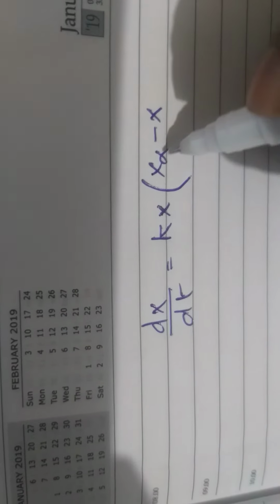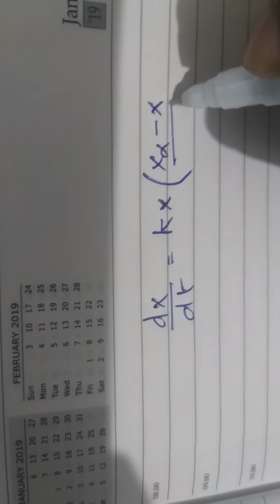So for this, the differential equation is dx by dt is equal to k, where k is the rate constant, k into x into (x infinity minus x), where x is the changes in x and x infinity is the final value, again divided by x infinity.